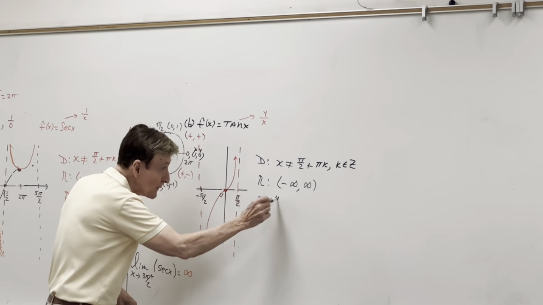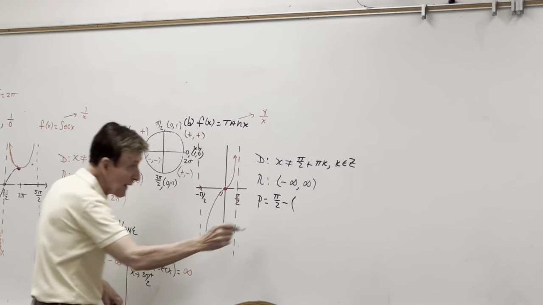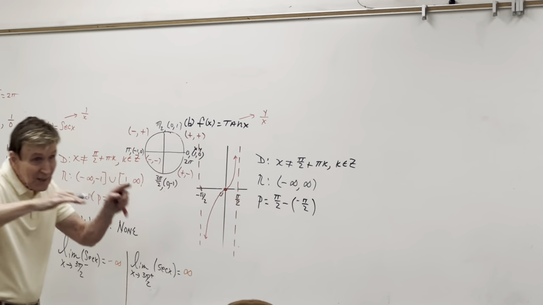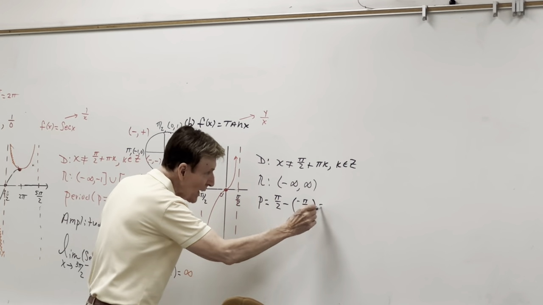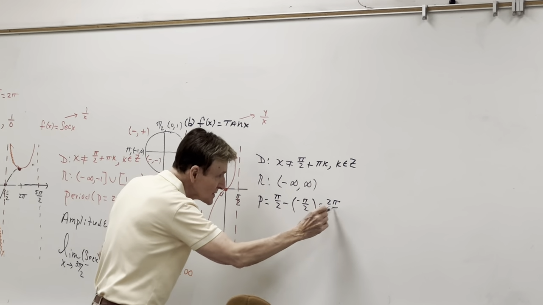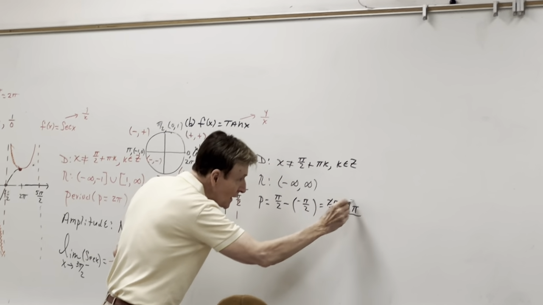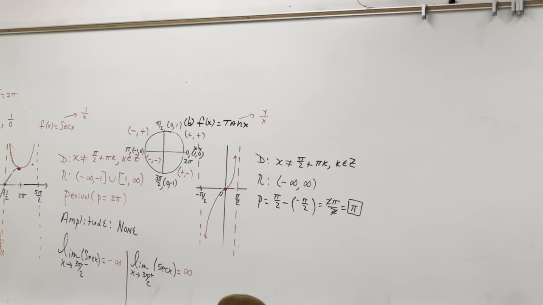I would subtract from that where it started, negative pi over 2. I would find the distance between those, the beginning and the end. That'll tell me the size of the period, where the graph starts and where it ends. If I do this, I end up with 2 pi over 2, like fractions. The 2's cancel, there's the pi. So every pi length, things will repeat.